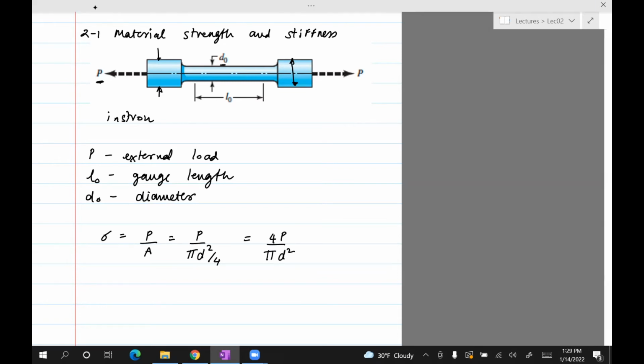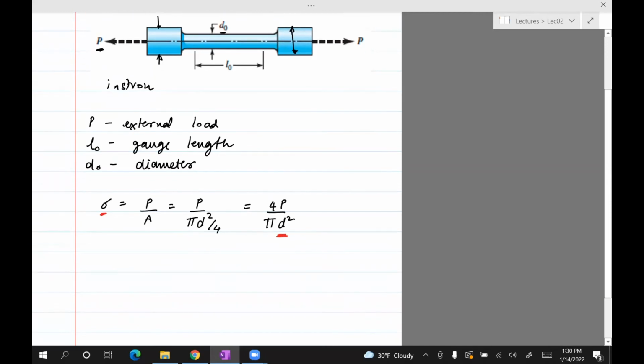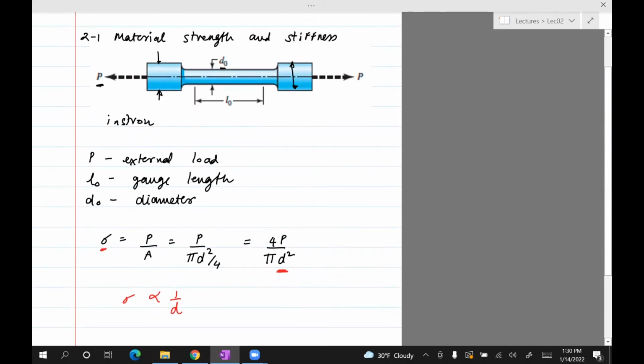Okay, so what you notice from the formula is that the smaller the d is, the bigger the stress is. So in other words, sigma is inversely proportional to diameter, right? And so the reason why this diameter is smaller is because the stress in this part is going to be greater than the stress in this part.